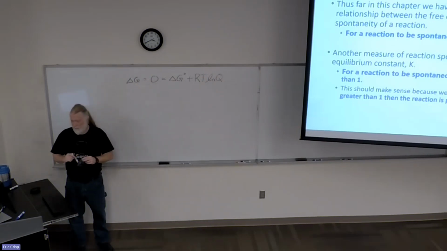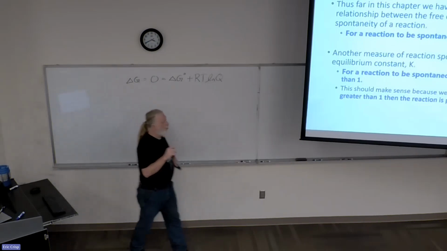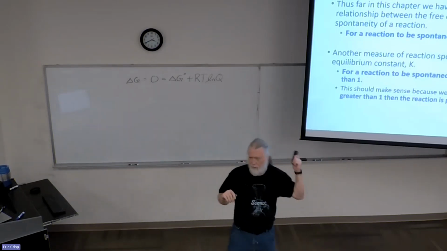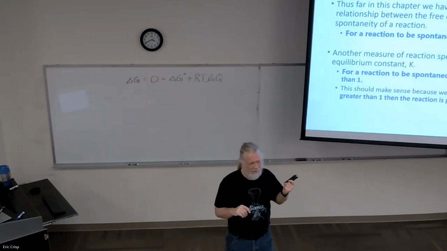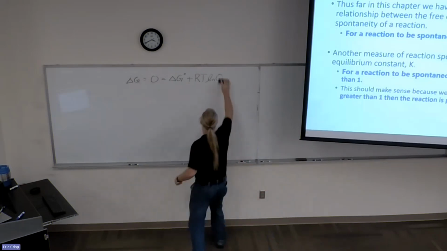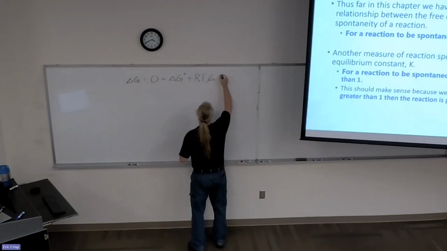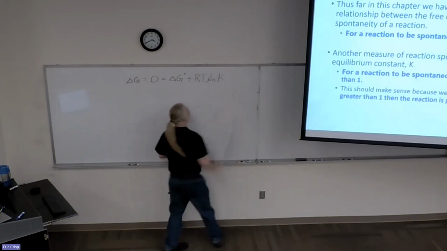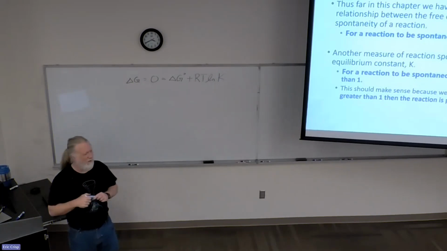So far, so good? Or I could say, well, wait a minute. We're defining this as equilibrium, right? At equilibrium, Q gets replaced with K. Let's solve for K. What would you do to solve for K here?